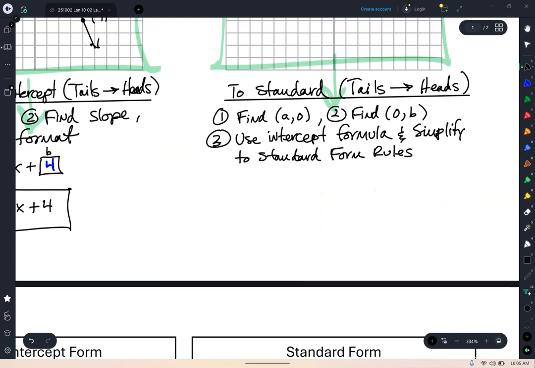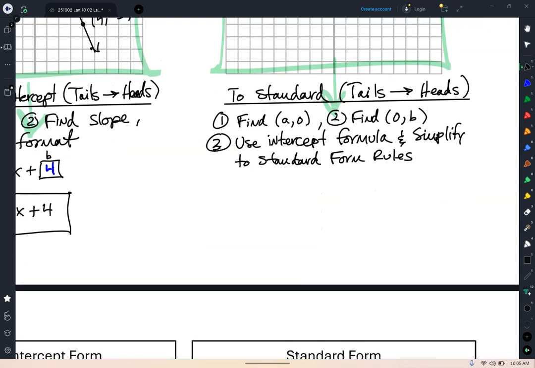Okay, I'm going to move this up here. Like we've been doing, we're going to do our box version of this. And so here is what the intercept formula looks like. It is x over box, and that's going to be our A, plus y over box, and that's going to be our B, is equal to 1.